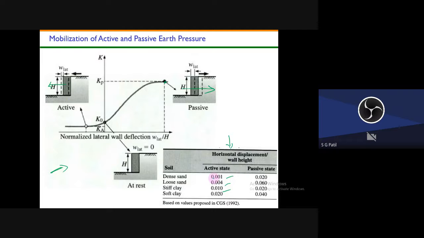So if that ratio is 0.001 in dense sand, then if it is a soft clay, relatively it should move to a larger distance. Just compare these two numbers, how much difference? Almost double, right? 0.02, 0.04, almost double. That means the wall should move to a greater length in the passive state as compared to the active state.